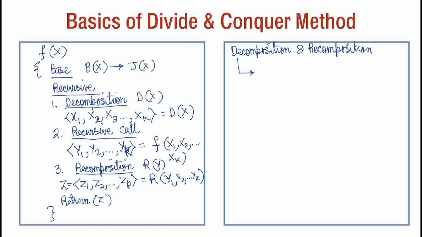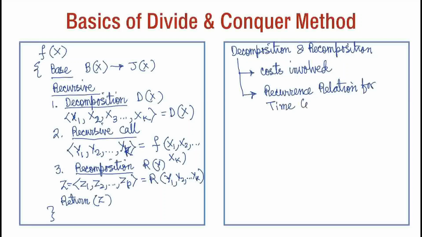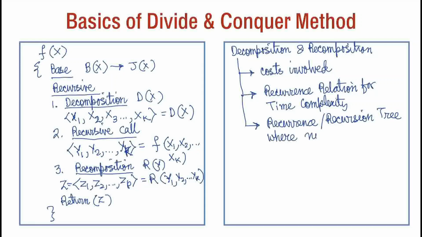These decomposition and recomposition have costs involved, and based on these costs we get the recurrence relation for the time complexity, and also the recurrence tree or recursion tree, where nodes have costs corresponding to D and R, and obviously there is a cost of the base condition.